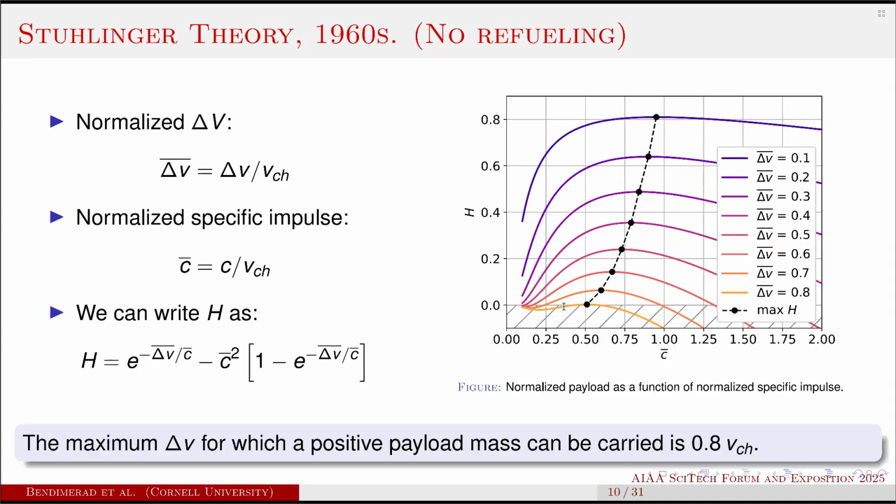So the main result from the Stallinger theory is that the maximum delta V, for which a positive payload mass can be carried, is equal to 0.8 the characteristic velocity of Stallinger. So only missions with lower delta V can be achieved with electric propulsion.